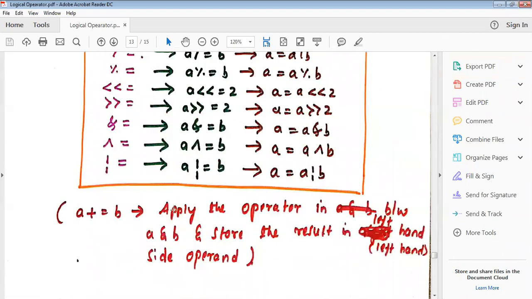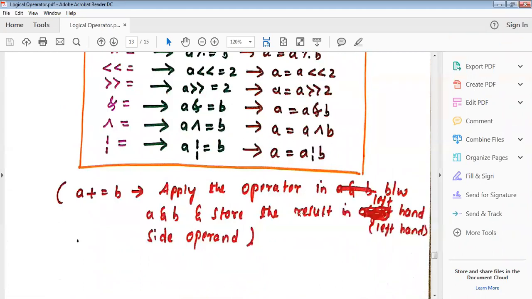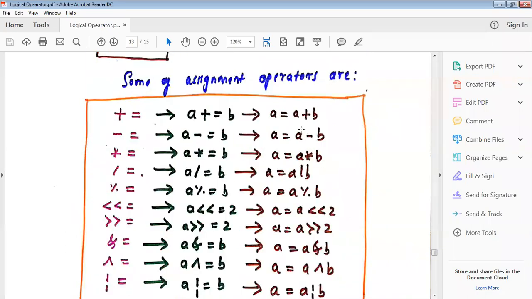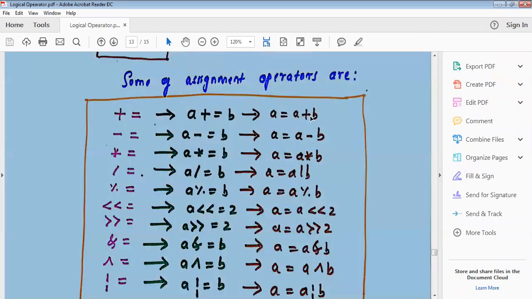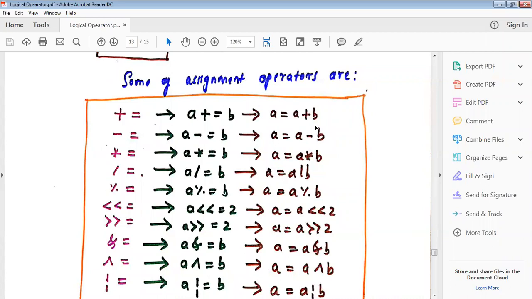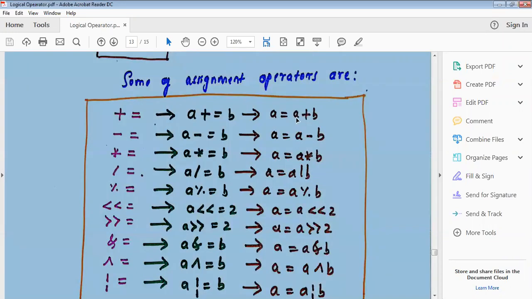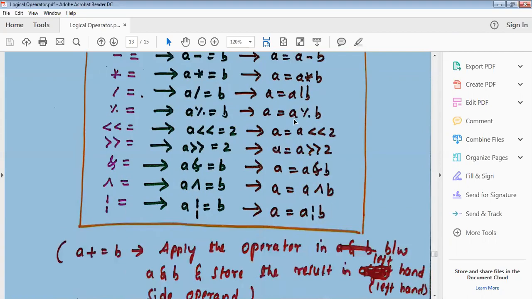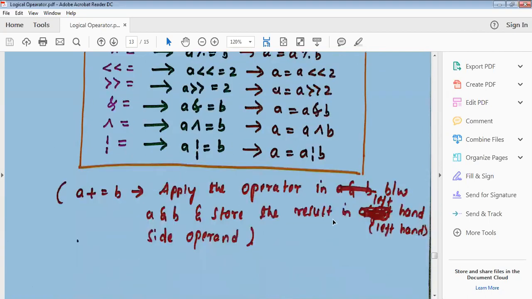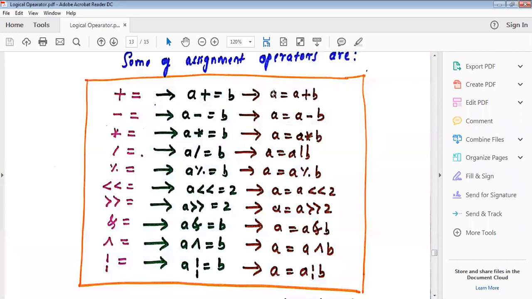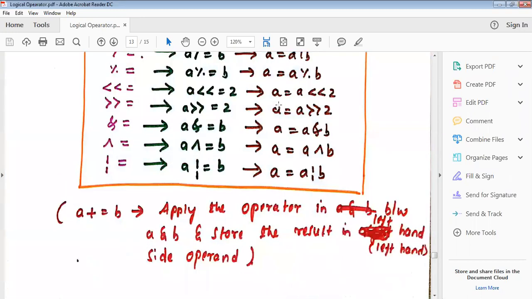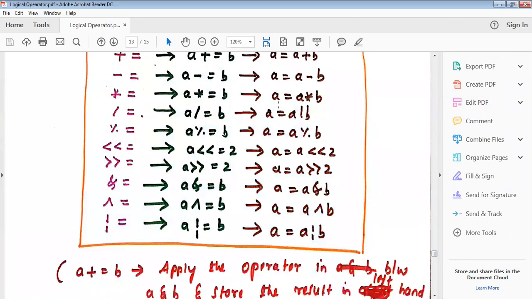The meaning is: apply the operator, the plus operator, in between this A and this B, and store the result in the left hand side operand, or left hand side variable.